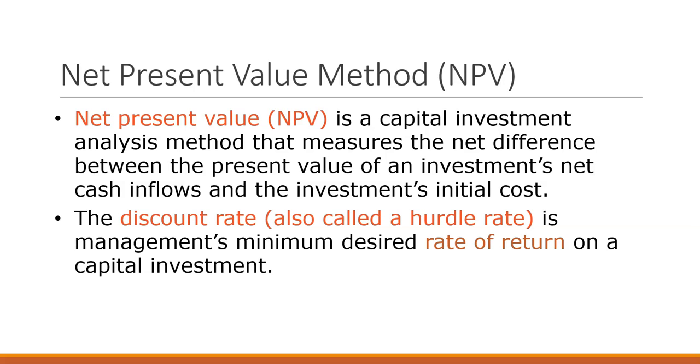It is the management's minimum desired rate of return on a capital investment. That rate of return is the same thing as return on investment. If I say that a return on investment needs to be 15% or higher, then my hurdle rate or my discount rate is 15%. That's the value that I would use for those calculations.